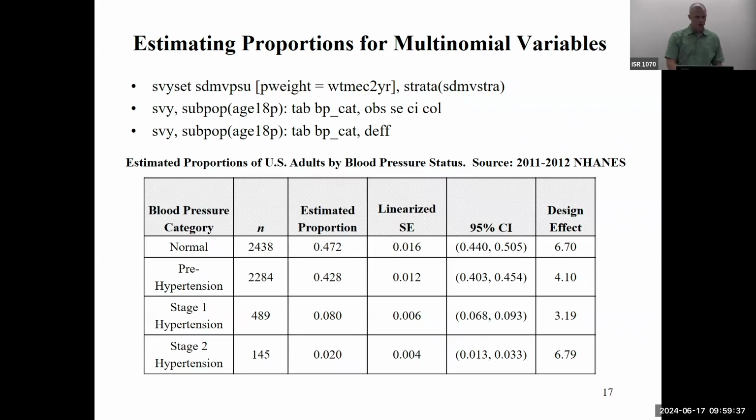Questions about generation of the descriptive estimates here to begin with? Any questions about this before we look at the goodness of fit? Everybody good on this, the code and the interpretation? Again, 47.2% of the population is estimated to be normal, not the sample, not the respondents. 47.2% of the population is estimated to be in that category.